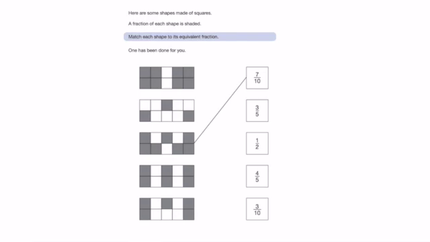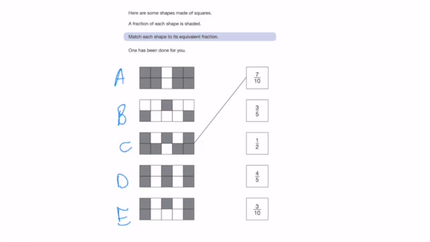Now, what I'm going to ask you to do, I'm going to give each one a letter. A, B, C, D, and E. And you can write down the letter and the matching fraction, because obviously I'm not going to ask you to draw all of that. So press pause whilst you match the fraction, the shape with the fraction on the right hand side.